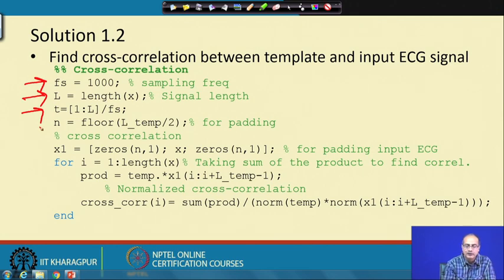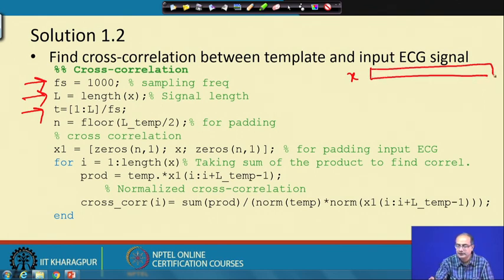When we are computing that correlation, we need to understand that the variable x has a duration, the data length from 1 to L. We have taken a template having some length smaller than x.